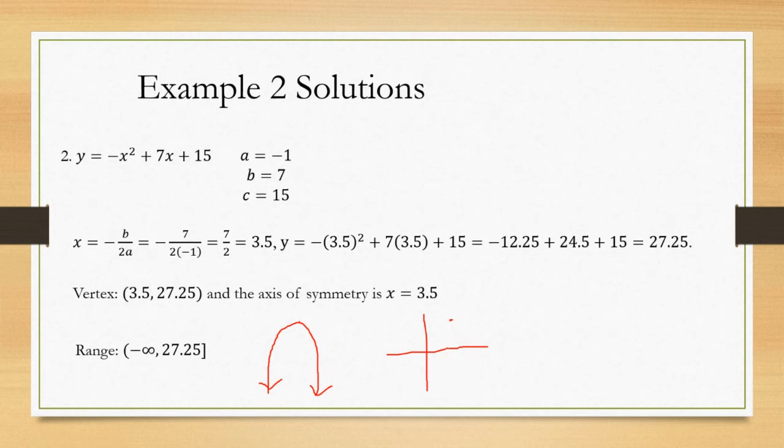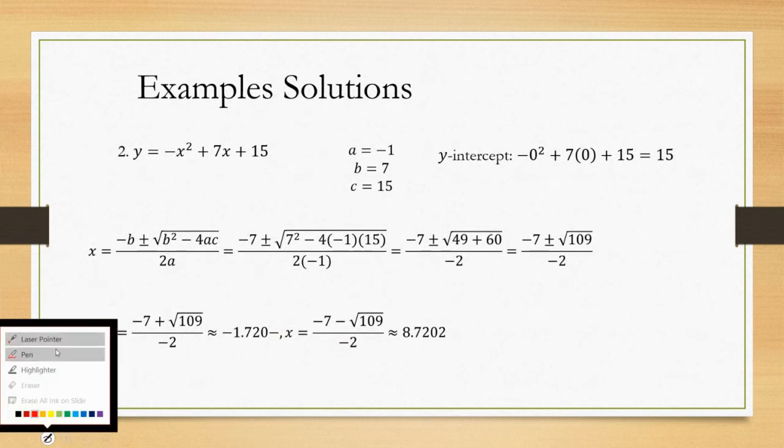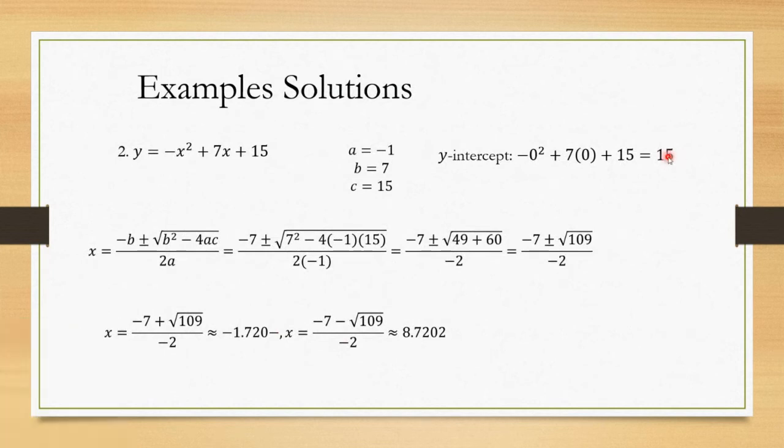All right. But now we can actually get the x-intercepts, and the y-intercept, as you can see. The y-intercept you can see is 15. Using our quadratic formula, we have all this.